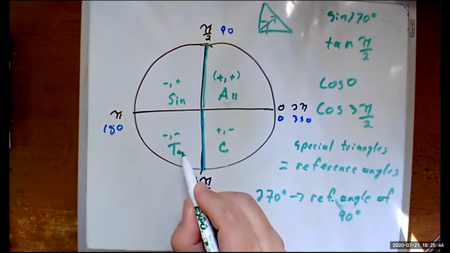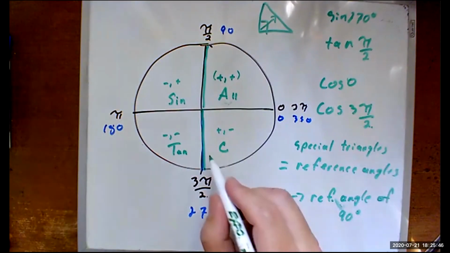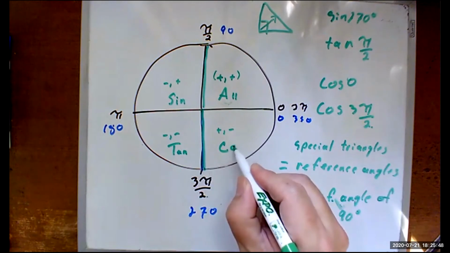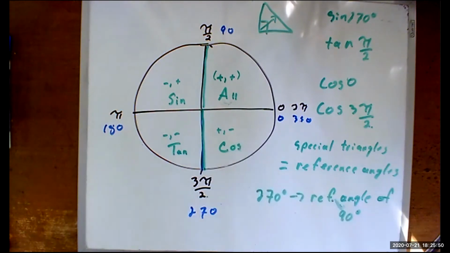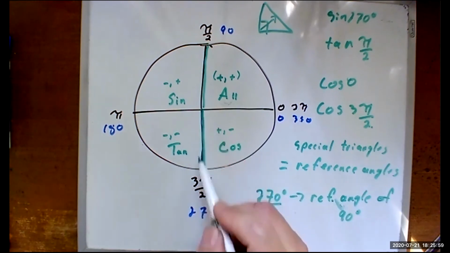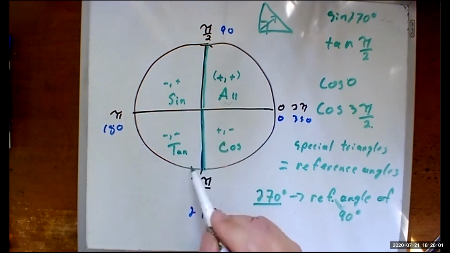But if you are dealing with the sine of that angle, it will be positive. Moving into the third quadrant, tangent is the only thing that's positive. Everything else is negative. And then into the fourth quadrant, cosine is positive and everything else is negative.